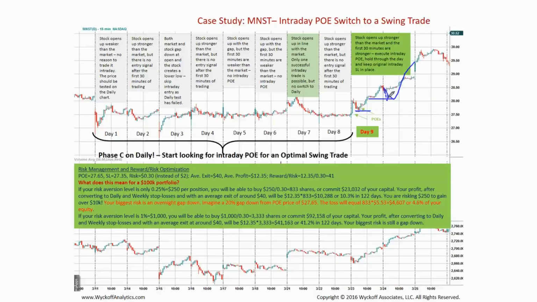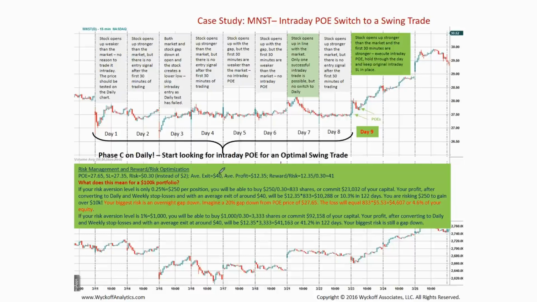And even if you're going to have some kind of move to the downside and then continuation, most likely you're not going to be hit. And the next day was really good for us here. There was only a first initial move to the downside. So we would leave this overnight stop loss where the original intraday stop loss was.